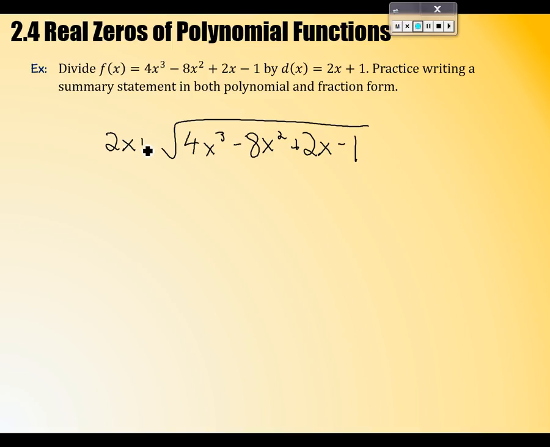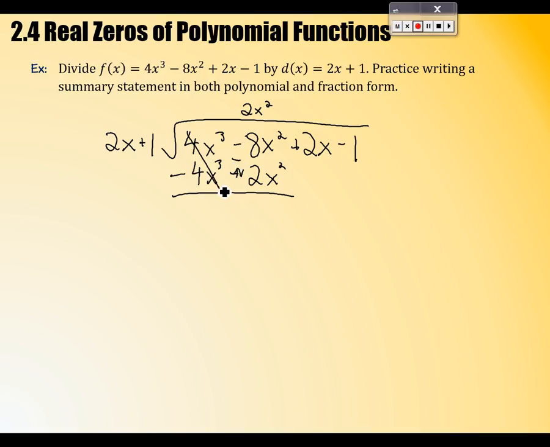Your remainder, and I want you to think with me about why this must be the case. If we're dividing by something linear, like 2x plus 1, your remainder should always be, at worst, a constant, right? Now why would that make sense?